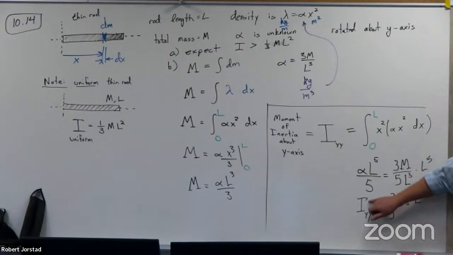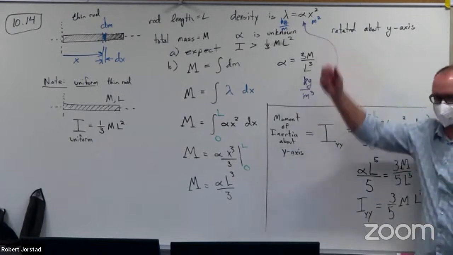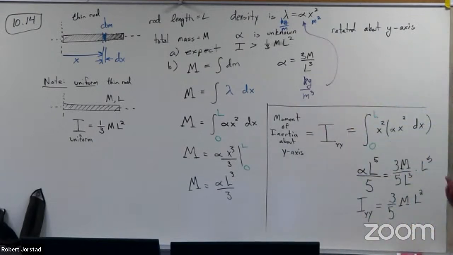Does it have the right units? It should always be, for a moment of inertia, some number times mass times a distance squared. Does this meet our expectations? We expected it should be greater than 1/3. Is this greater than 1/3? Yes. Now, sometimes it's not obvious. What could you do if you were trying to compare two fractions to see which one's bigger? Put them into a calculator and look at it as a decimal.